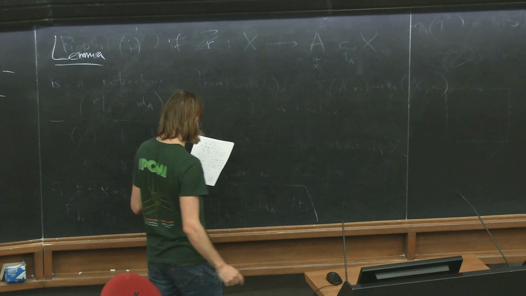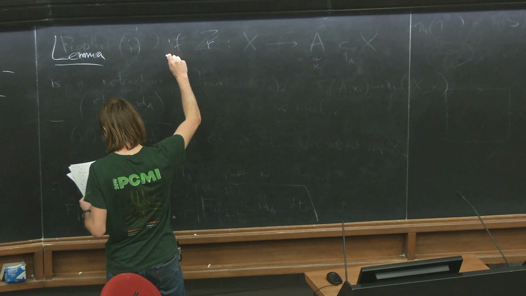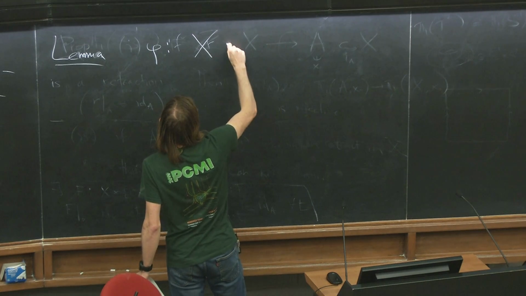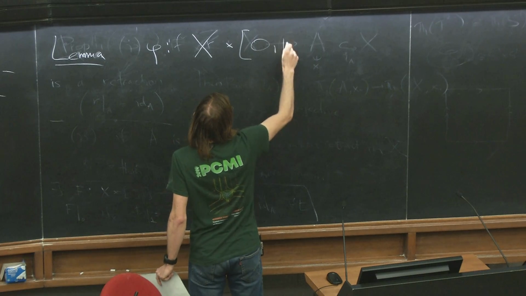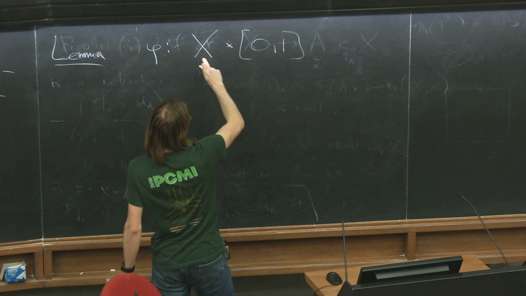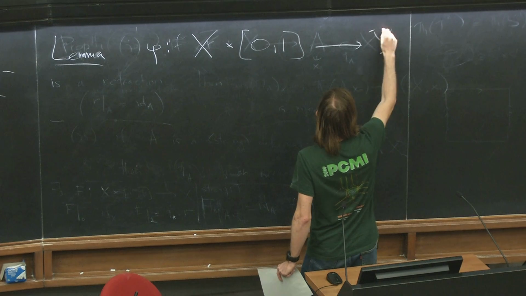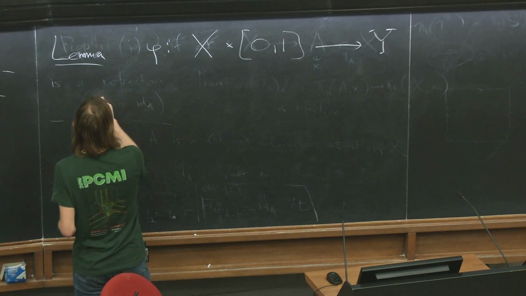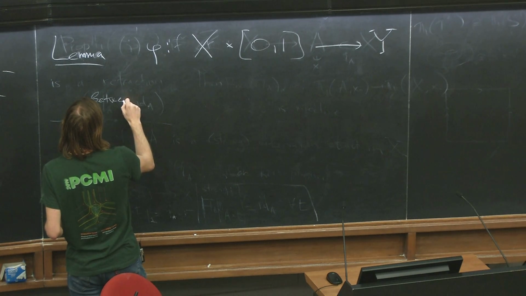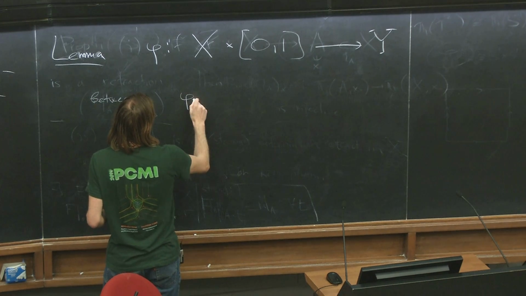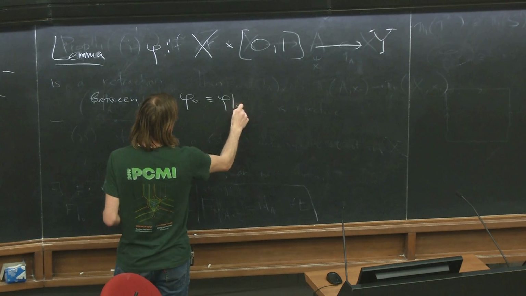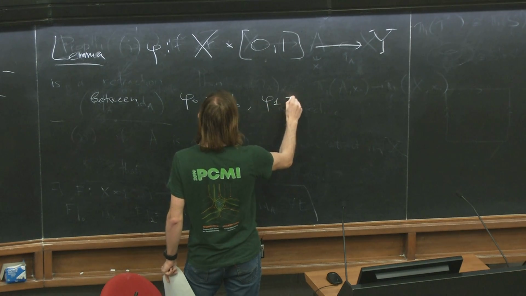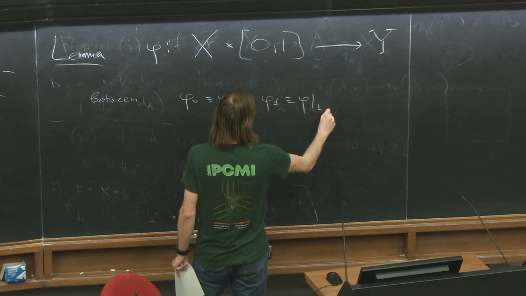Consider a homotopy between maps from X to Y, which is a homotopy between phi_0, which, using our usual notation, is phi restricted to 0, and phi_1, which is phi restricted to 1.